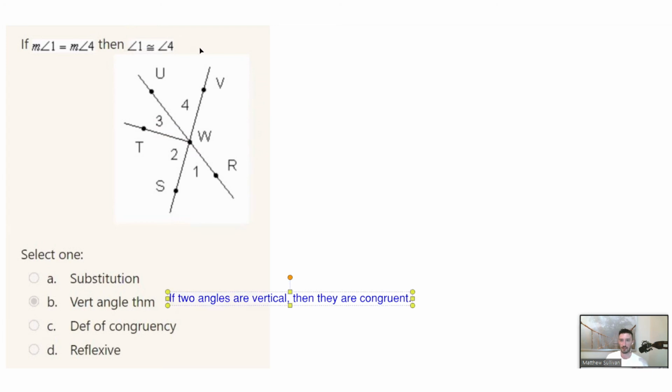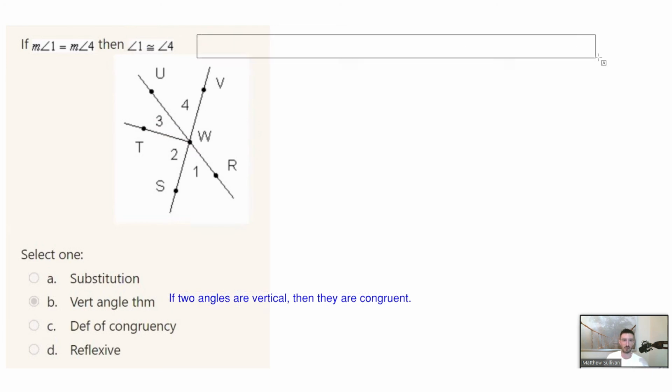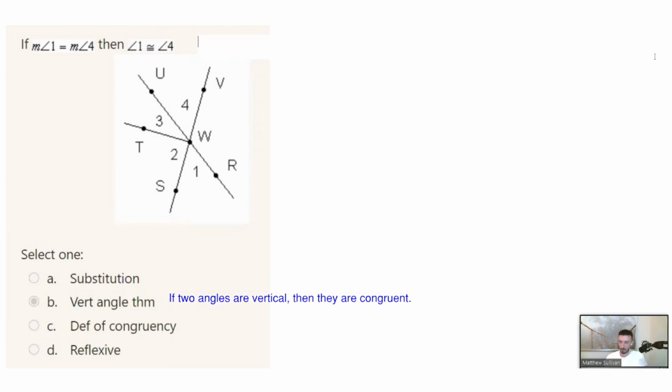What this is saying, if we want to rewrite this in sentence form, is if the measures of angle 1 and angle 4 are equal, then the angles are congruent. Okay, so that's the congruency definition then, right? Yes. So it's just the model that threw me off again.